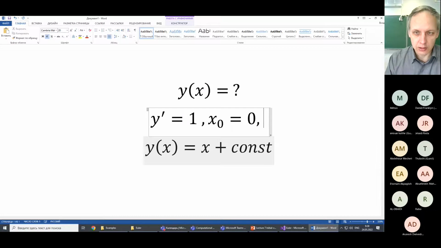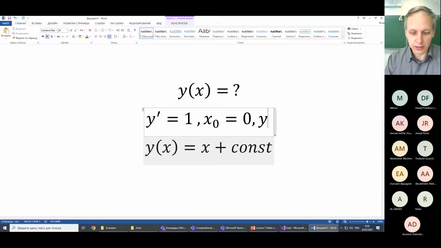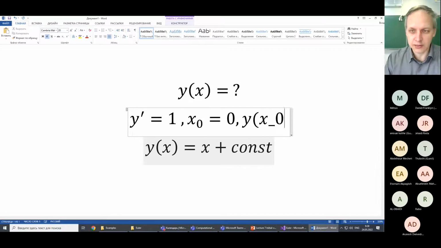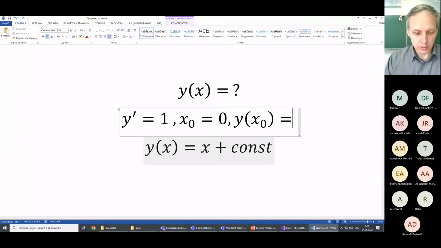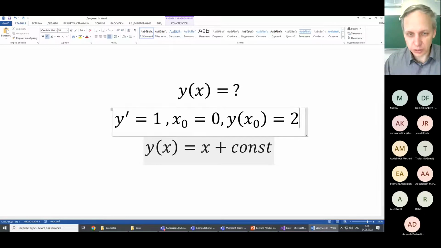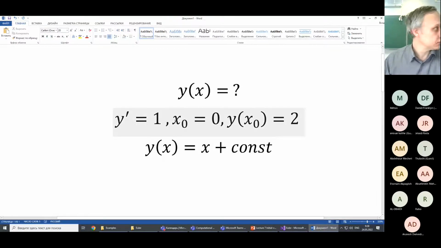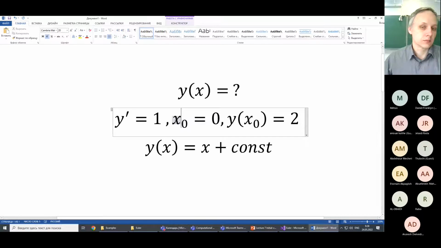And I know that y of x0 equals, for example, 2.